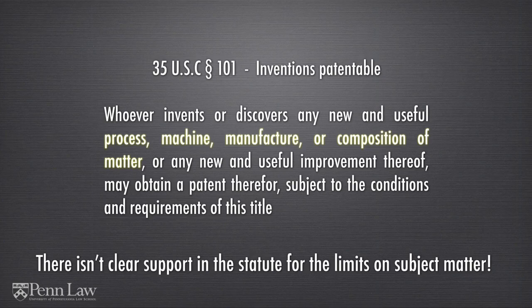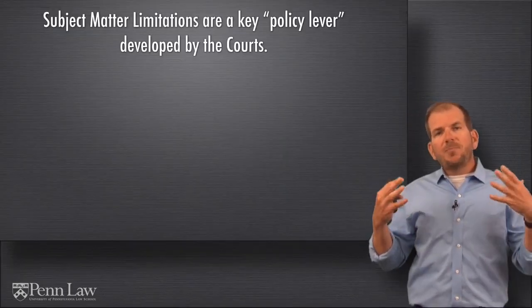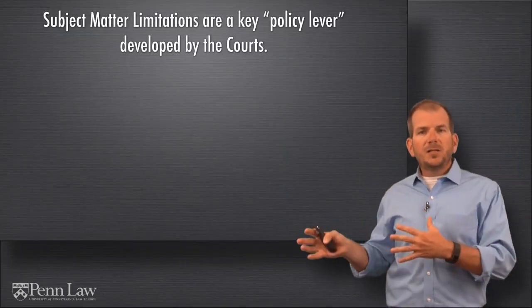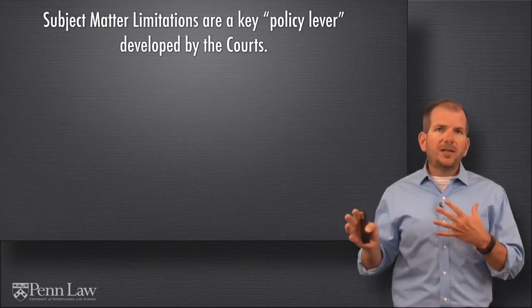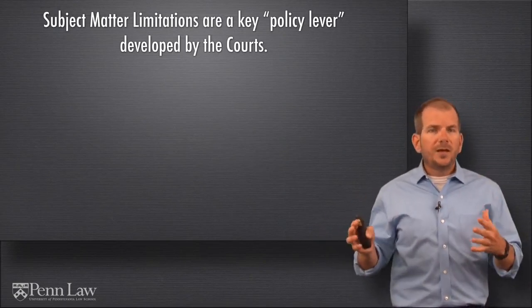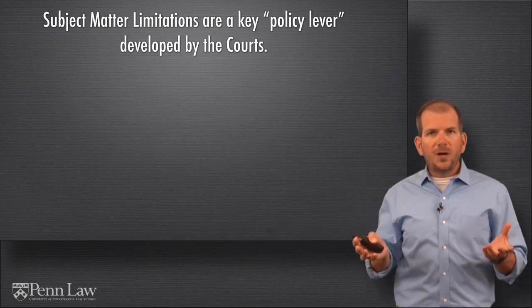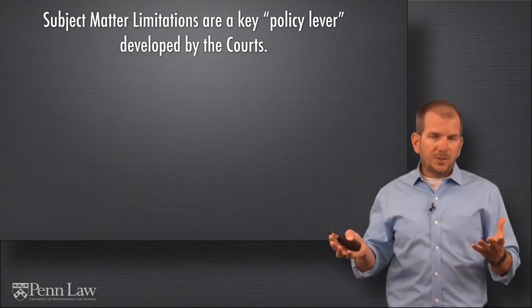Instead, this is a judicially created set of exceptions, almost entirely, actually entirely, the creature of the courts over decades of refinement. And so this is a policy lever, but it's a policy lever that's been developed entirely by the courts. And this is somewhat unique, even in the annals of American legal systems.